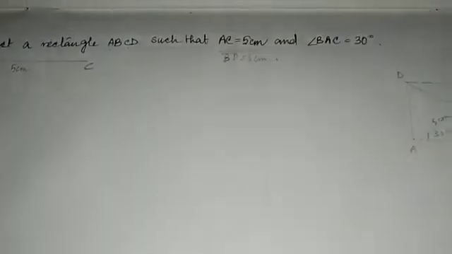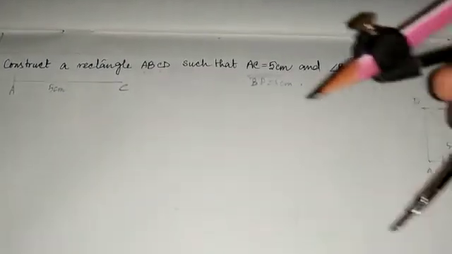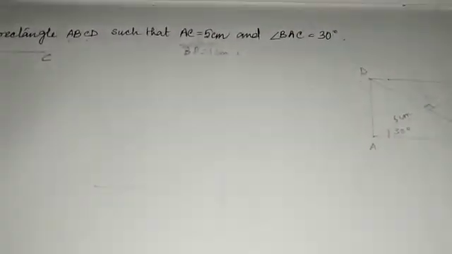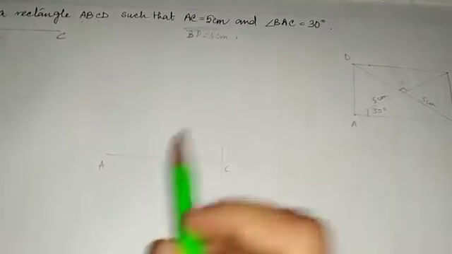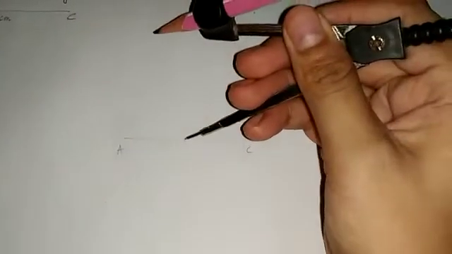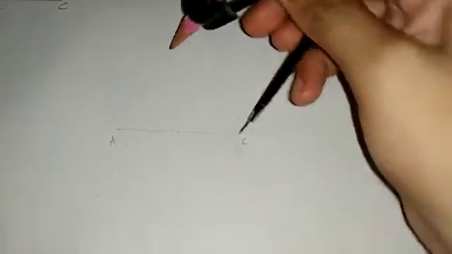Okay, we have drawn that 5 centimeter. Now you have to bisect this 5 centimeter, because we are drawing AC here. So we have to get the midpoint, so we have to bisect this. To get this point we have to take an arc of any length and bisect it.